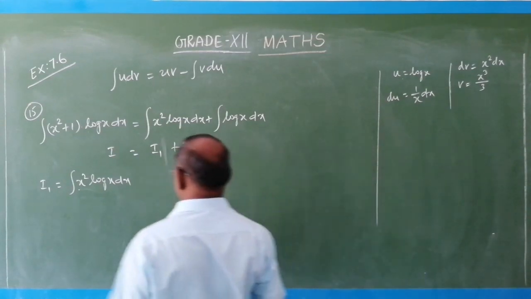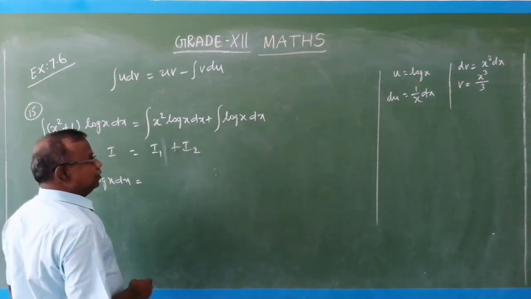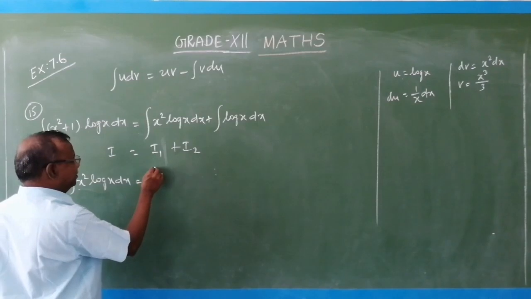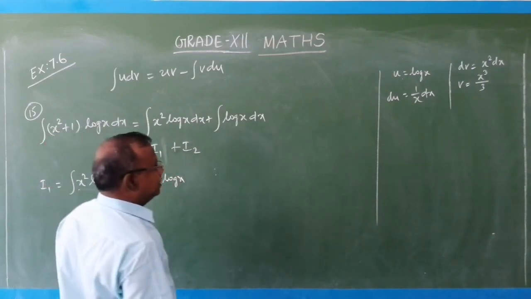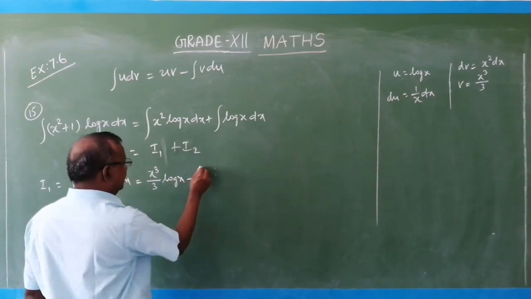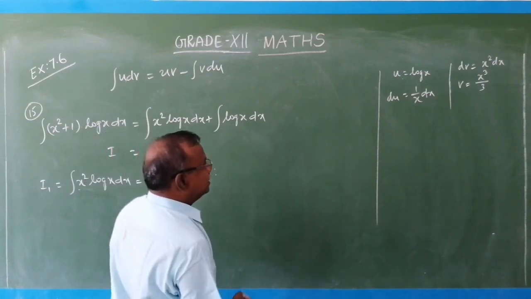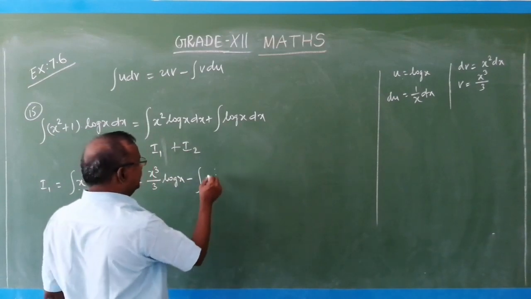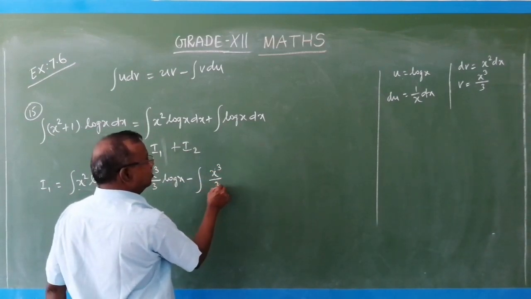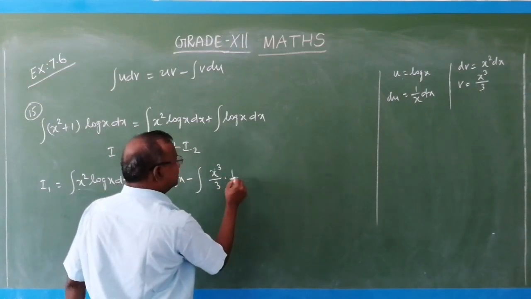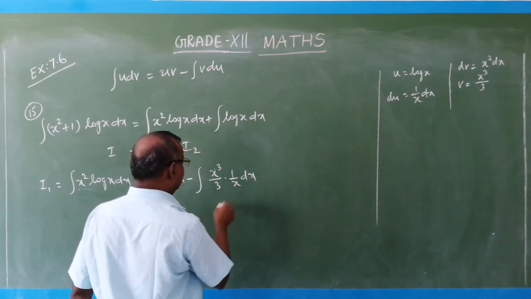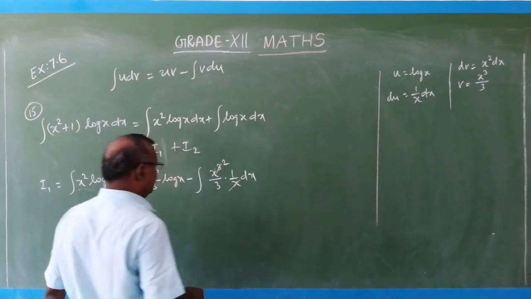Now, substituting, we have uv means x cube by 3 into log x, minus integral v du. V means x cube by 3 into du means 1 by x into dx. So this becomes x square.